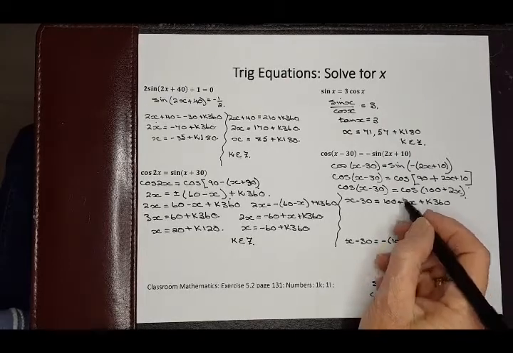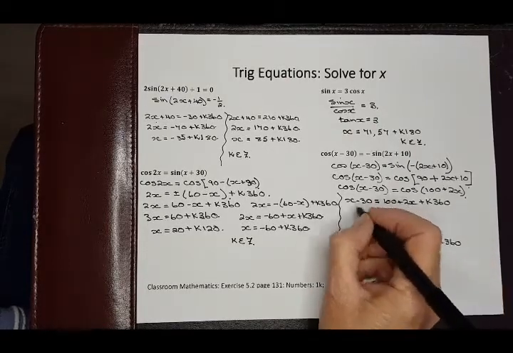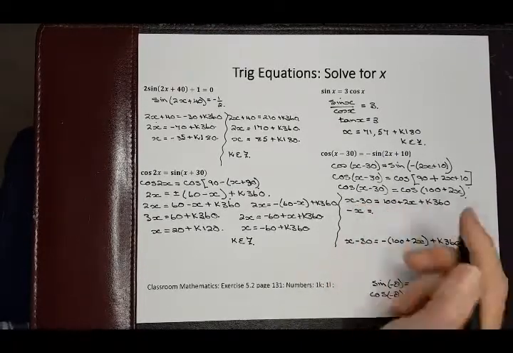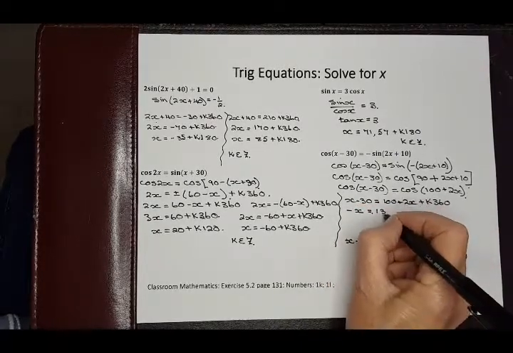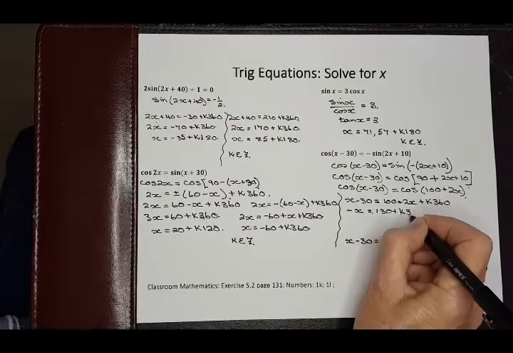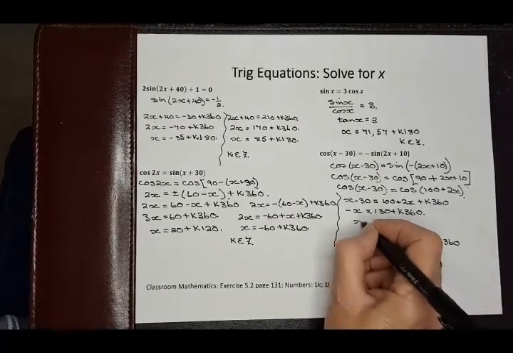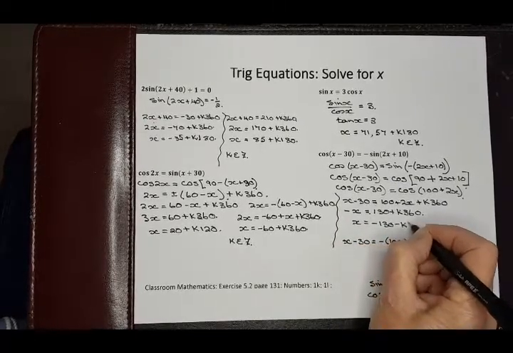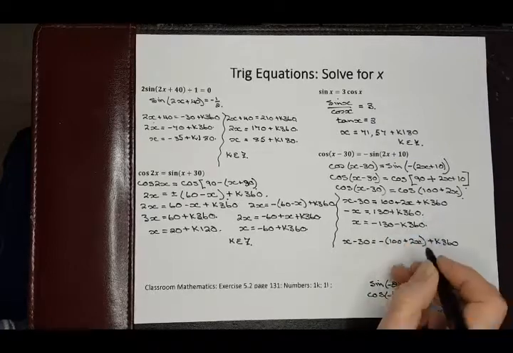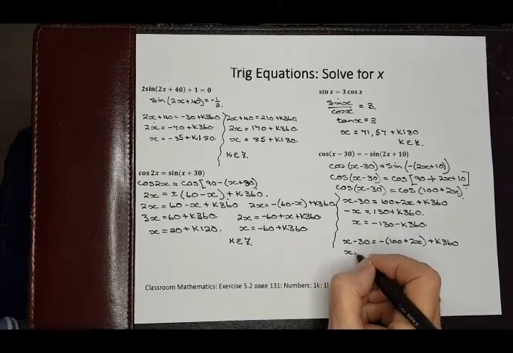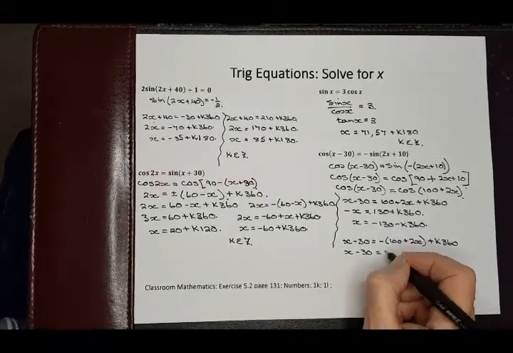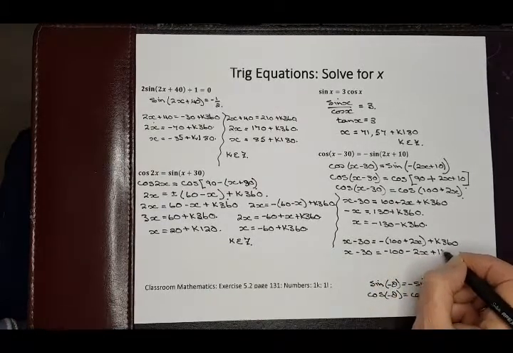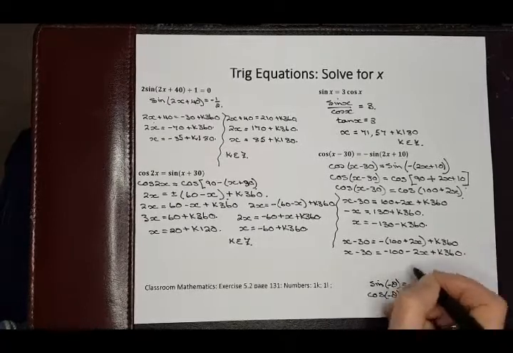So here 2x goes over to the side, x - 2x becomes -x is equal to 100 + 30, 130 + k·360. So x is just equal to -130 - k·360. On this side, x - 30 is equal to -100 - 2x + k·360.